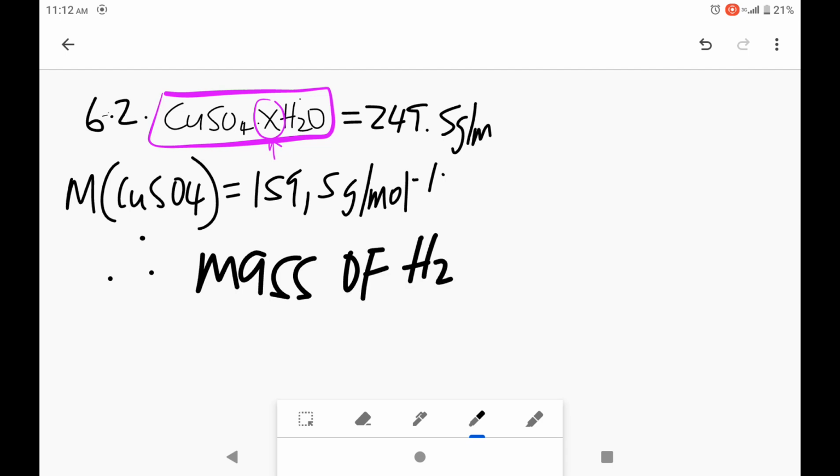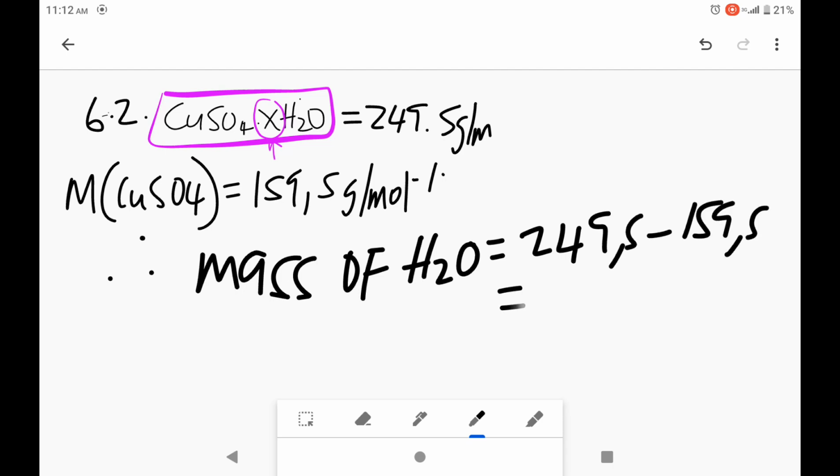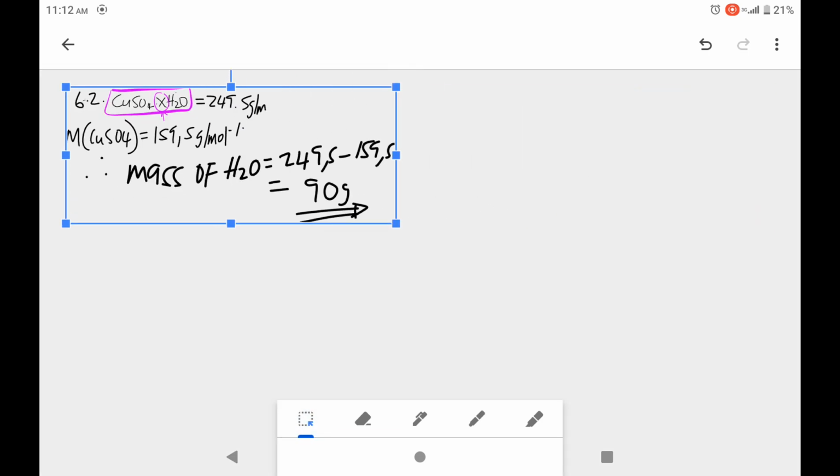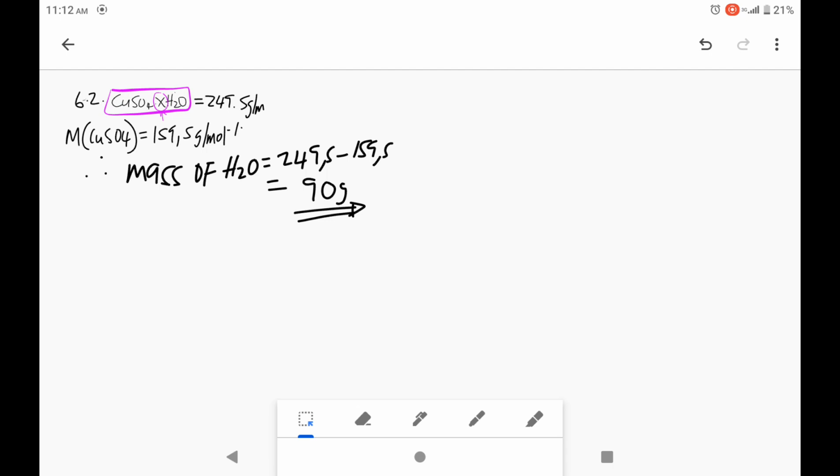You just say 249,5 minus 159,5, and then it will give you 90 grams. We're gonna use this 90 grams when calculating the number of moles of water, which will end up giving us the x.